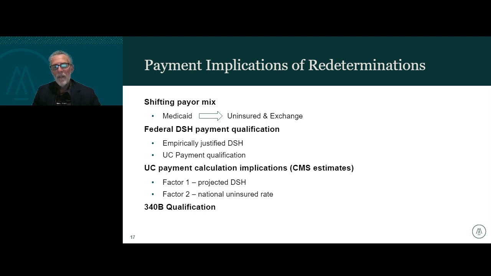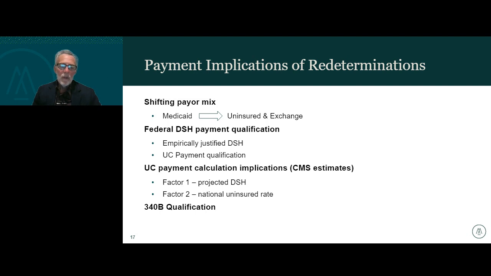And if that occurs, then you not only lose your piece of the $3 billion, then a hospital is no longer eligible to receive a distribution from the uncompensated care pool. And that pool for 2024 is estimated to be $6.7 billion to be split among 2,400 hospitals. So if you lose qualification, there's a lot on the table.